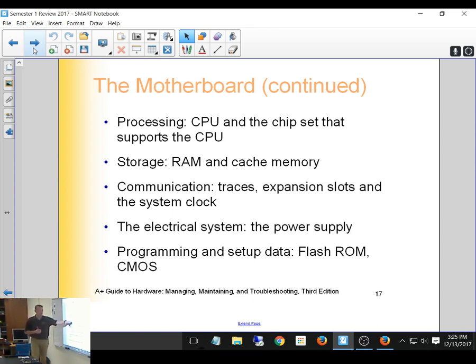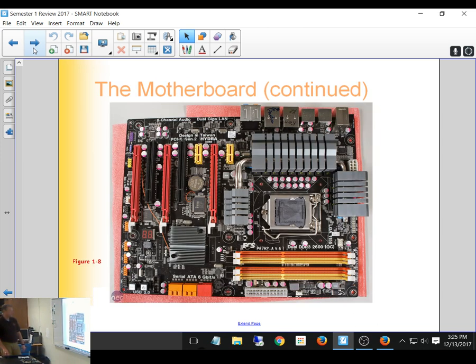We also have our RAM and cache memory, which we know is on the CPU now that we're at that part. That really is our primary storage for the CPU. We know we've got north and south bridge that has the flow of data to and from the CPU, and we know we've got a power system on there as well.